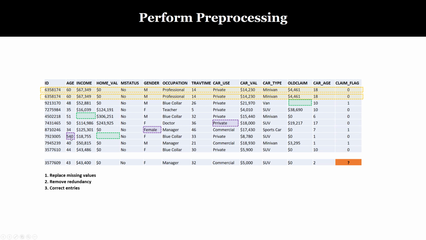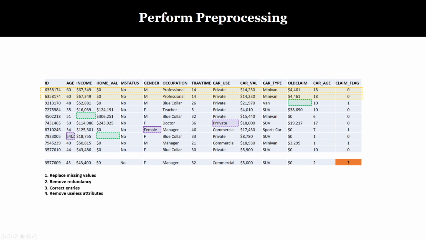Here under age, it seems like the 0 is just added as a typo. There's no person whose age will be 540 years old, right? So the 0 has to be removed, maybe. But we understand there is a clear mistake here in terms of age.